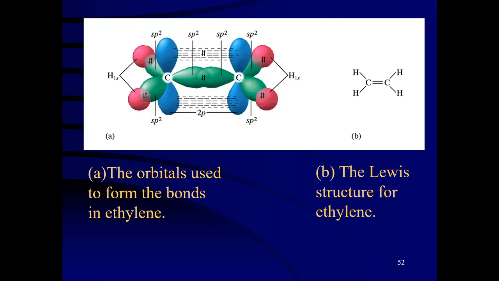And this is basically what you get. So these are side to side, and these are coming head to head. So the geometry will basically look like this. Part A is the orbitals used to form the bond in ethylene. Then here is a Lewis structure to illustrate ethylene.